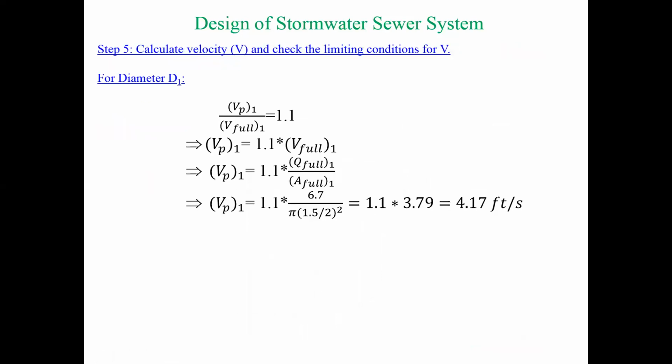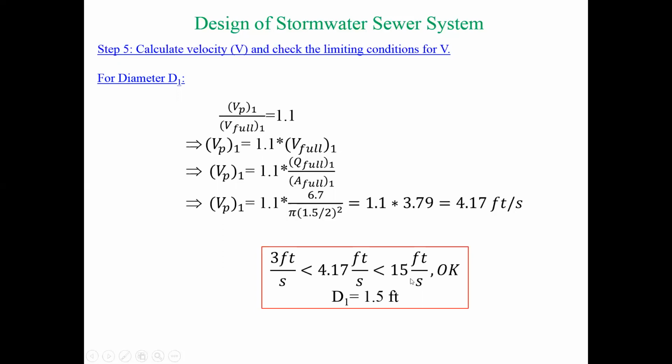Now, since VP over V full is 1.1, we need to know what V full is. V full is Q full over A full. We know Q full was 6.7, and for A, pi r squared. So finally we got 4.17 feet per second. Obviously that is in between 3 and 15.